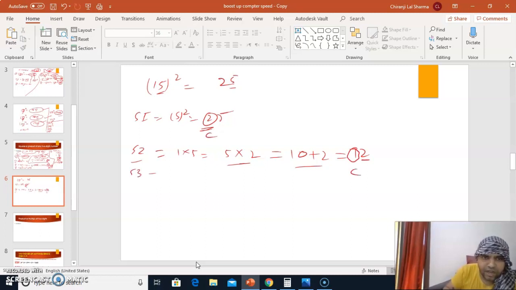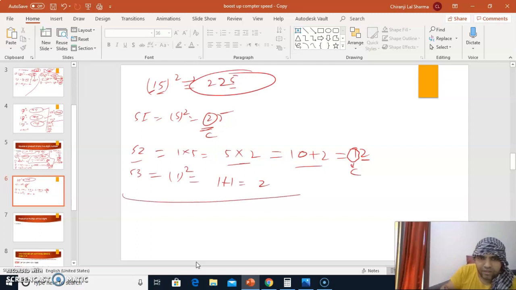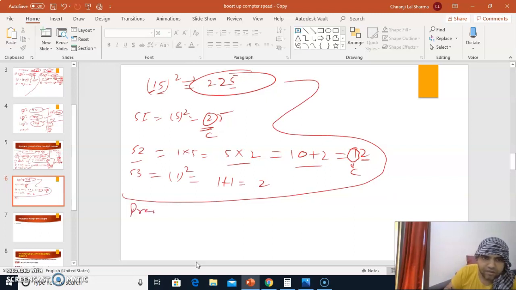In step 3, I will do the square of this 1, that is the tens digit. The square of this is 1, and I'll add this 1 as carry, so it becomes 2. So I'll write 2 here. So this is the square of 15. I think this is much faster. On the basis of this, you can do the practice. I'll give you some questions to practice.